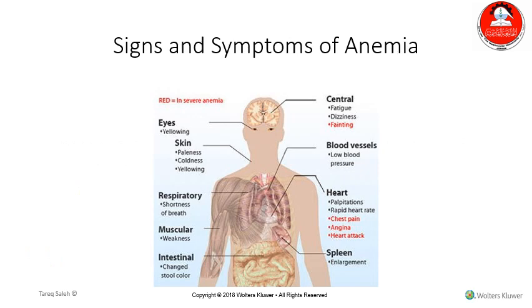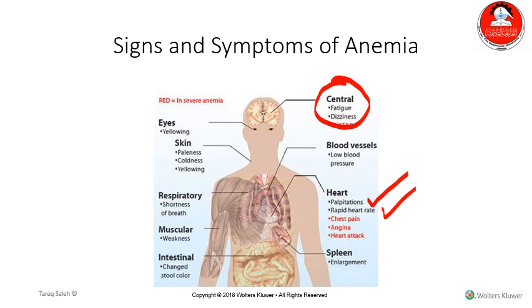In general, different types of anemia have common signs and symptoms that mainly result from the reduced delivery of oxygen to tissues. And these signs and symptoms include fatigue, dizziness, which are the most frequent symptoms of anemia, and they can also be cardiovascular, including palpitations and tachycardia.